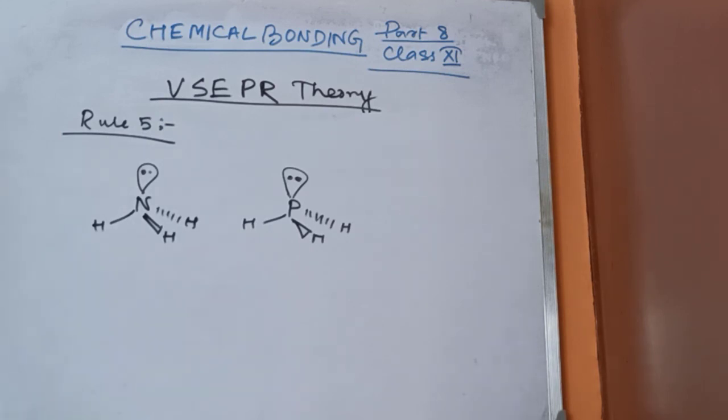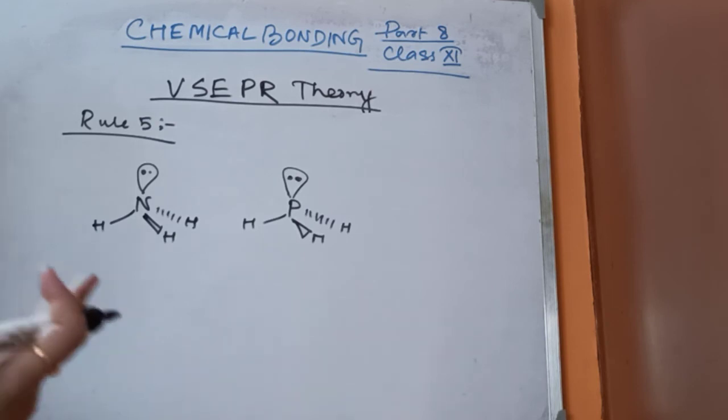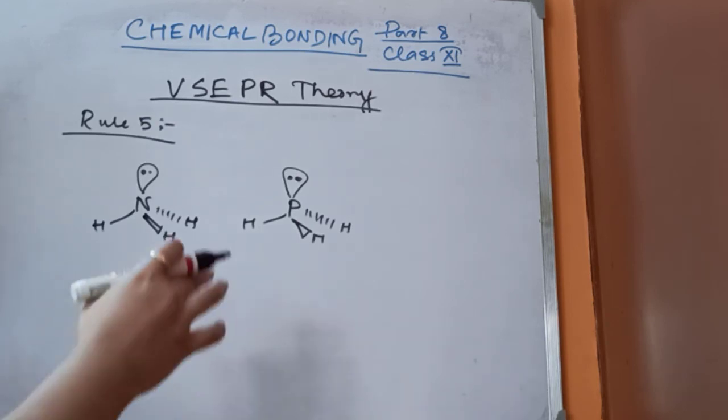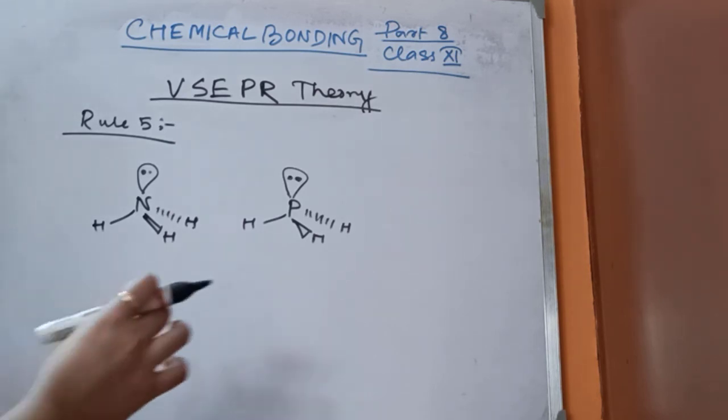Because of the presence of the 3d orbital, there is a stronger repulsion of the lone pairs because they are getting the available space. So the lone pairs will cause a stronger repulsion that will result in a decrease in the bond angle.